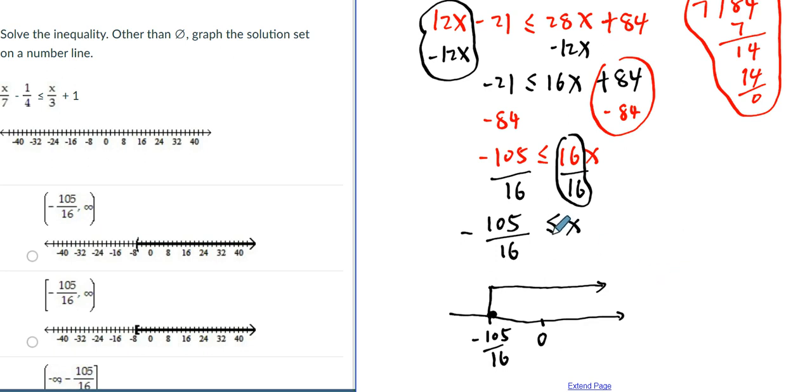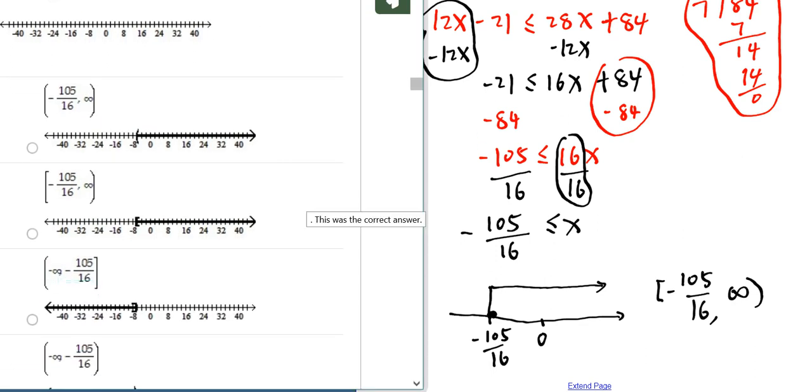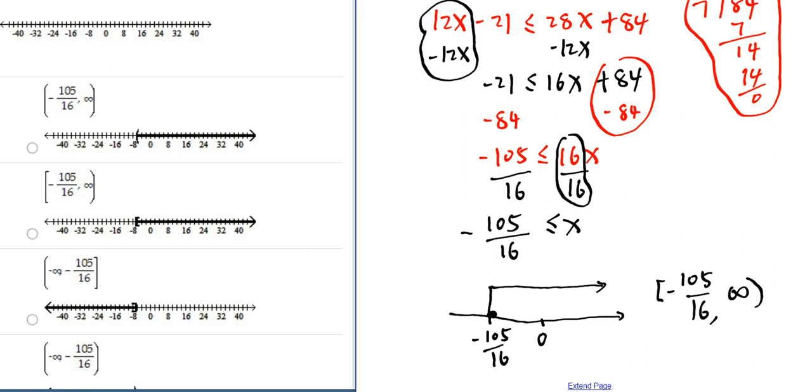Again, when you see the equal sign here, you want to include this point, negative 105 over 16, to the right, infinity again with a round bracket. That will be our solution. So in this case, among those four choices, the second one will be our choice. Okay? All right. I'll see you next time.